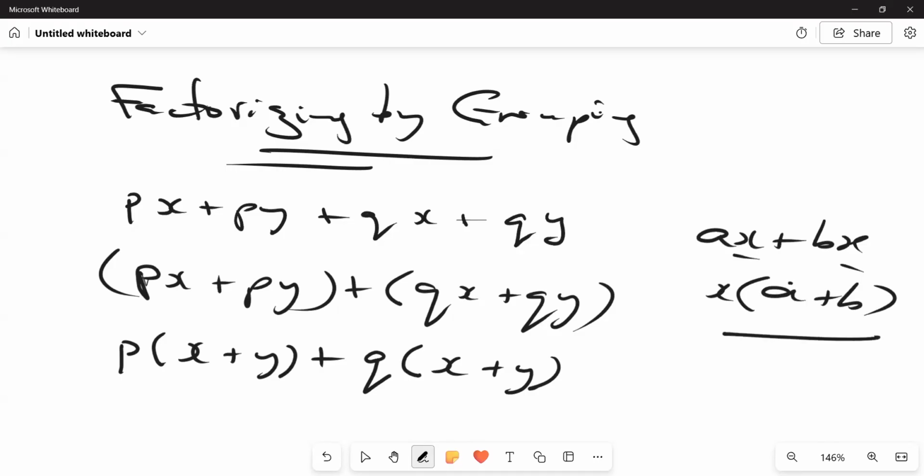Isn't that what you used to do? So here we have x plus y common. So we can pull that to the front and put p plus q in the other bracket. So it's just a further application of the distributive law.